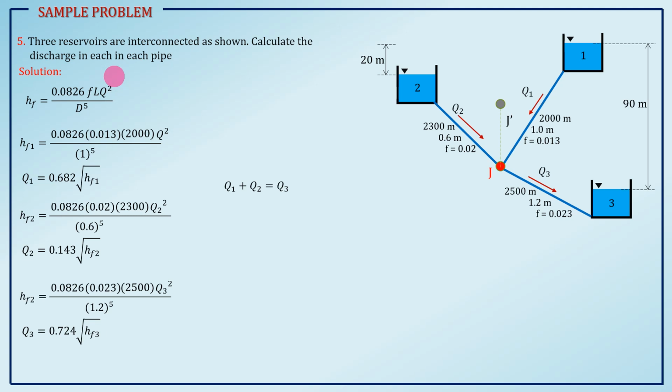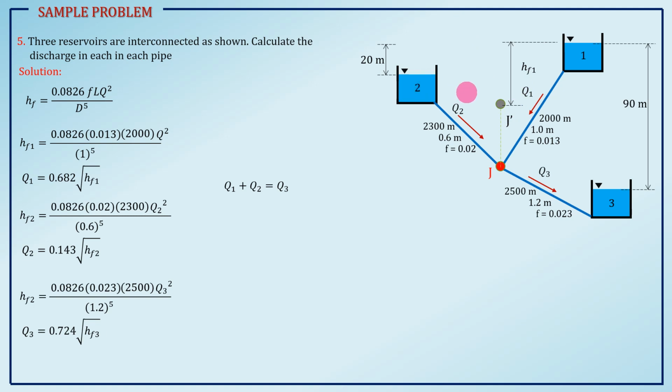So, we know that Q1 plus Q2 is equal to Q3 from this figure. We know that reservoir 1 and 2 supply reservoir 3. We also found that J prime is lower than our reservoir 2.